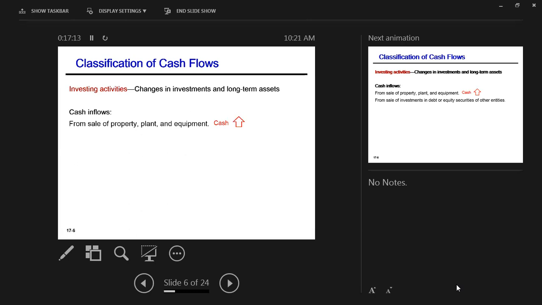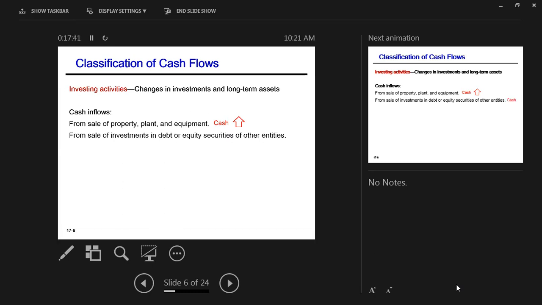So you have to read the question very carefully. The question will tell you that your company sells a land, or a building, or equipment. Then you have to be careful whether it is related with cash or not. If it is related with cash, then it is a cash inflow. If it is not related with cash, it is not in the cash flow statement. Do you understand? So you have to read the question carefully.